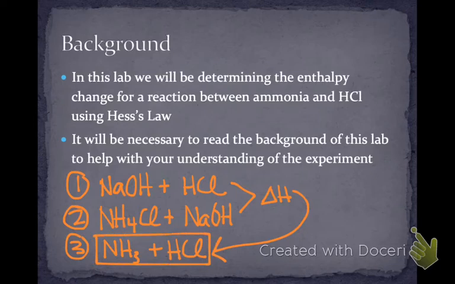So we're going to have an experimental delta H, but we're also going to calculate it from experiment 1 and 2. And then we'll be able to compare the theoretical and the experimental at the end and do a percent error.